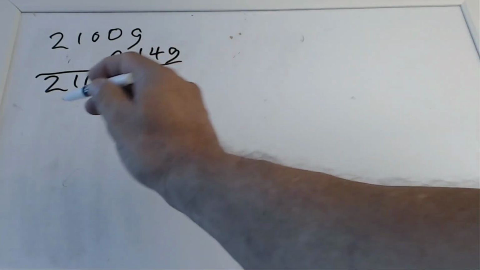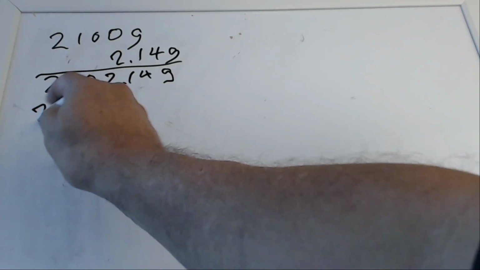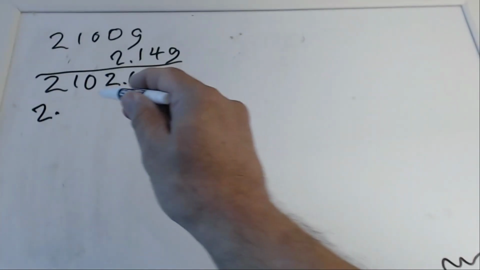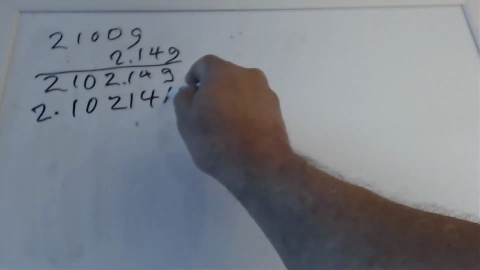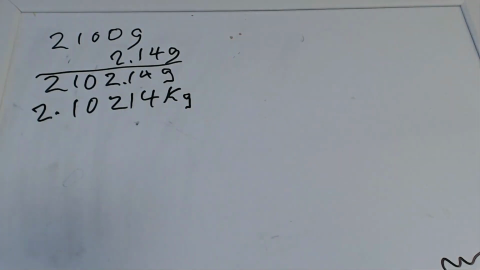We're of course interested only in kilograms, so 2.10214 kilograms. And we are still facing the same question. Is it reasonable to think that we can get that much precision out of this balance? And the answer is no.